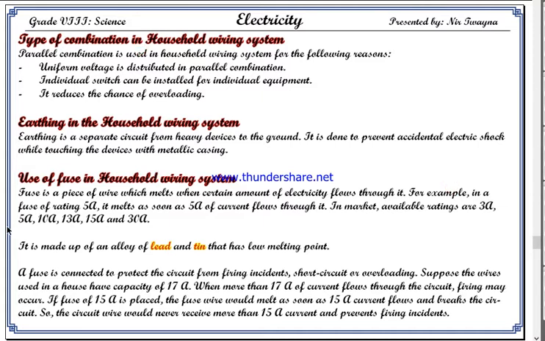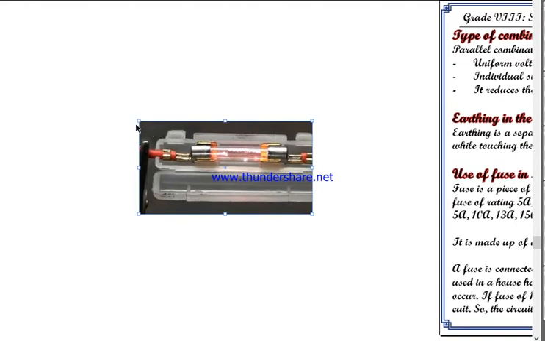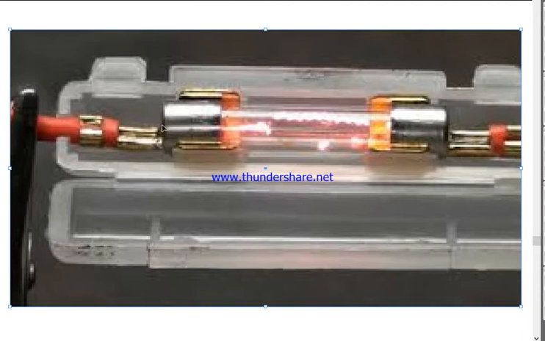You can see in this picture, fuse is kept inside a cartridge. Outside the wire is so thick, but inside you can see a thin piece of wire has been kept.